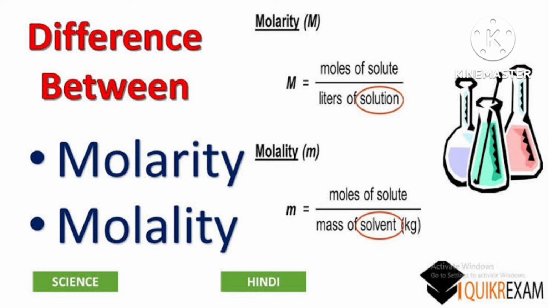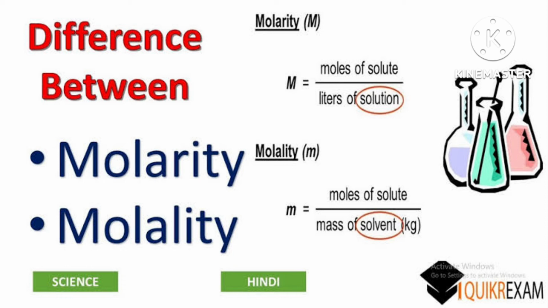Molecular mass of HCl is 36.5. How? 1 H plus 1 Cl, 1 plus 35.5, that is 36.5. Then 36.5 divided by 1, because only one hydrogen is there. Then its equivalent mass.